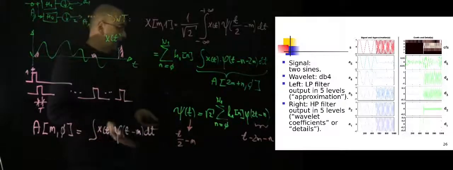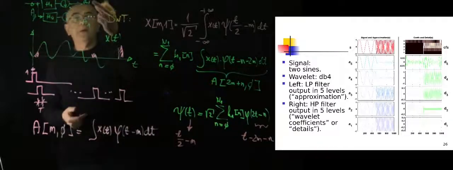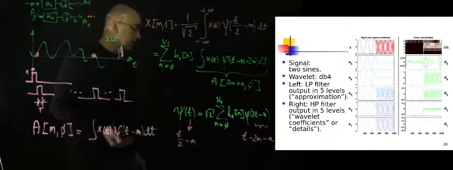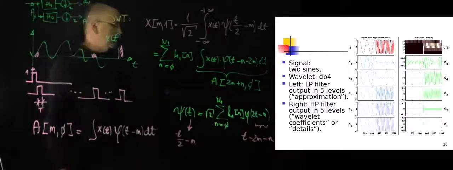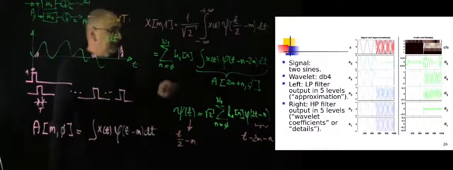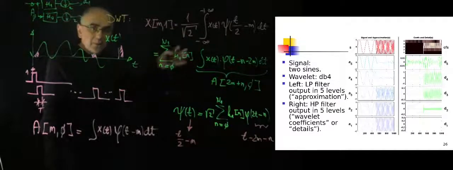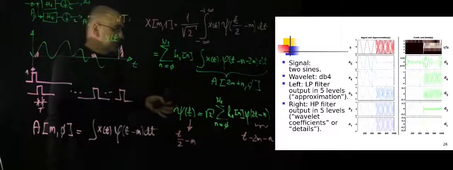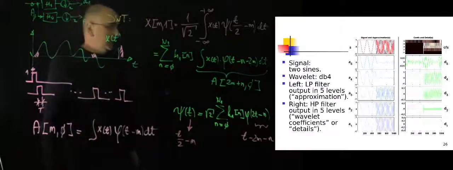Finally, we have 250 coefficients, then 125, then 64, 32, and 16 coefficients. And the details in the right column show actually our wavelet spectrum of the observed phenomenon.